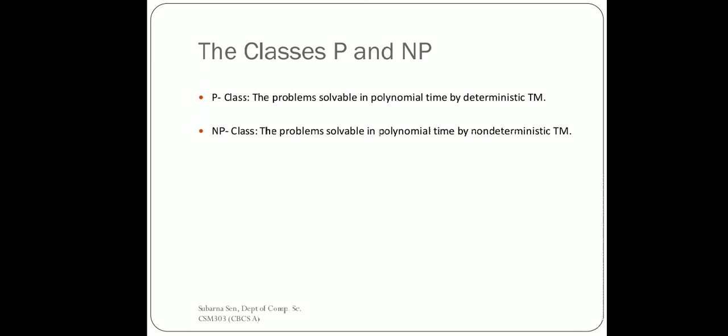So here we have two classes of problems. One is the P class, another is the NP class. If we have to define these two, P class problems are those which can be solved in a polynomial amount of time by a deterministic Turing machine. NP is the class I was talking about, this reduction type: if you have to reduce these exponential time consuming problems to problems which can be solved in a polynomial amount of time, that should be implemented using the NP class, because the NP class does what?